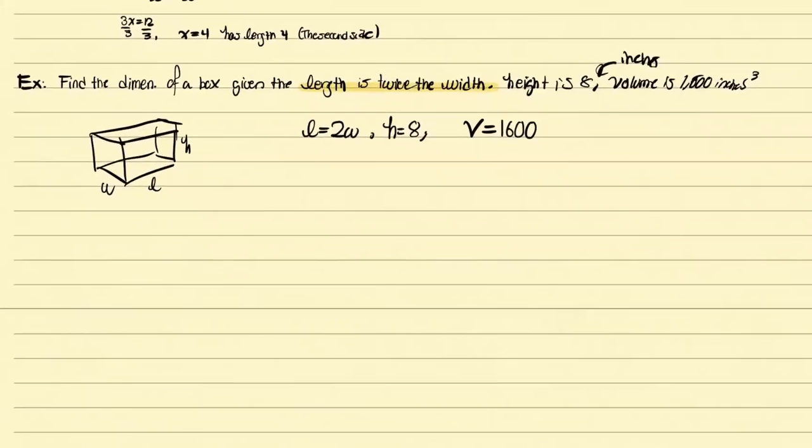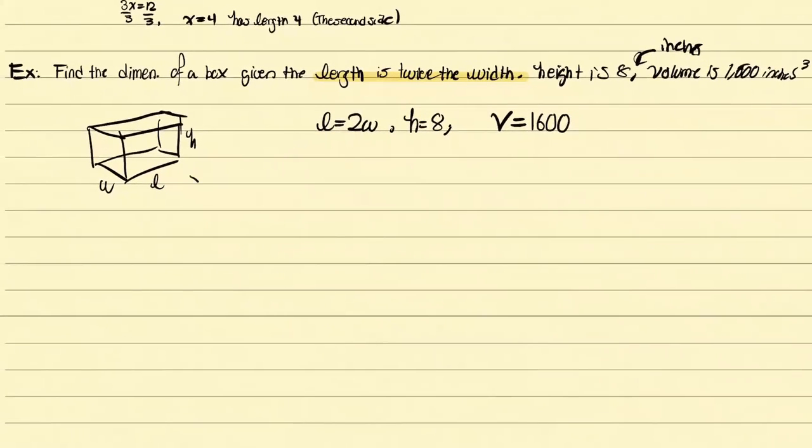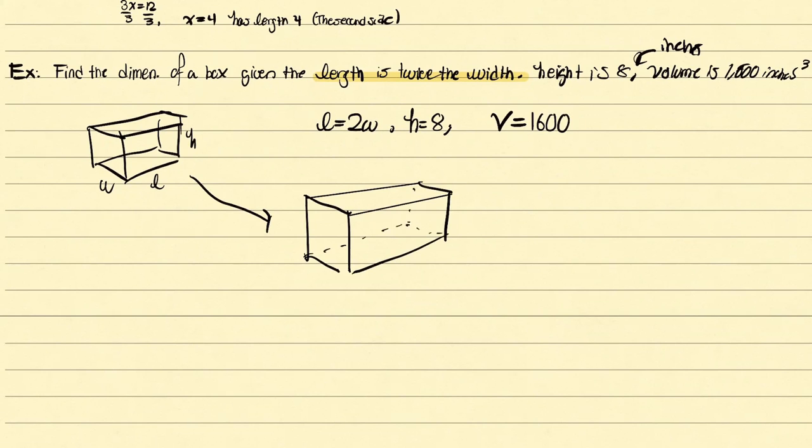So let's put down some of these concepts. Let's redraw this box with the given unknowns that we have, or what we call constraints, the things that must be true, that constrain the solutions to our problem. Here is width, but I do know that the length right here must be 2 times width.